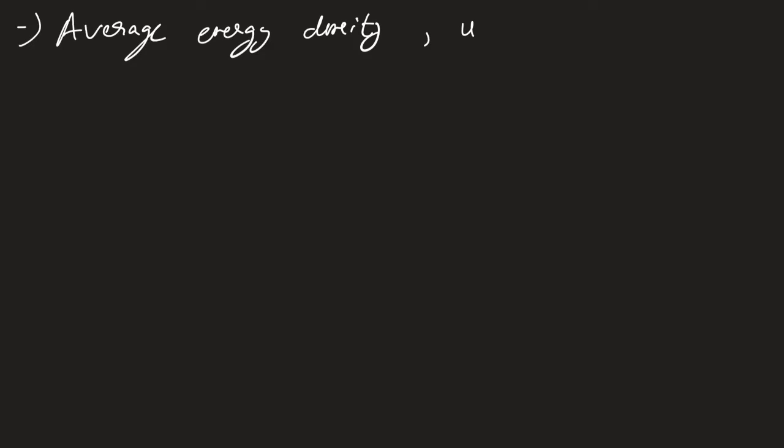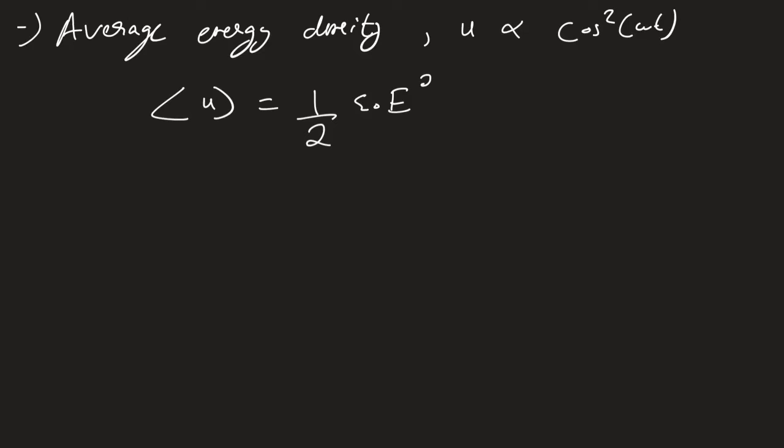So we know that U is proportional to cosine squared of omega t. The average over one period, the average of cosine squared, is a half, so the average U becomes equal to 1 over 2 epsilon naught E naught squared, where E naught is the magnitude of the electric field.